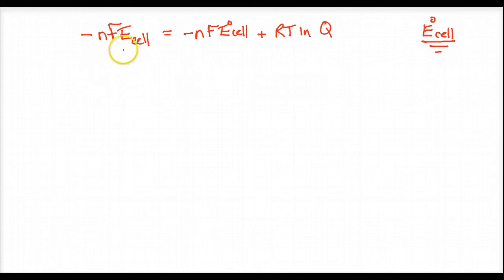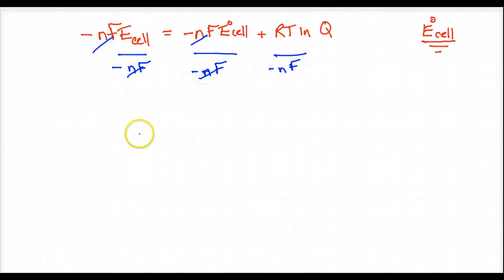So we solve for E of cell by dividing by negative nF all the way through. You can see that this will cancel.